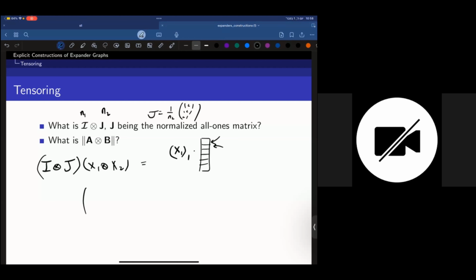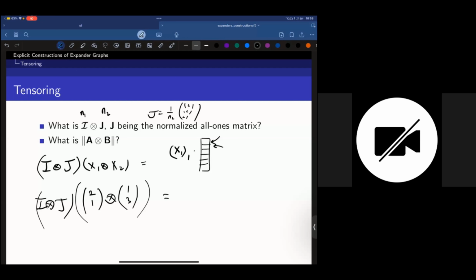So let's do an example. Maybe you have 2, 1 tensor 1, 3, an easy average. You have these two vectors, and I tensor J operates on that.